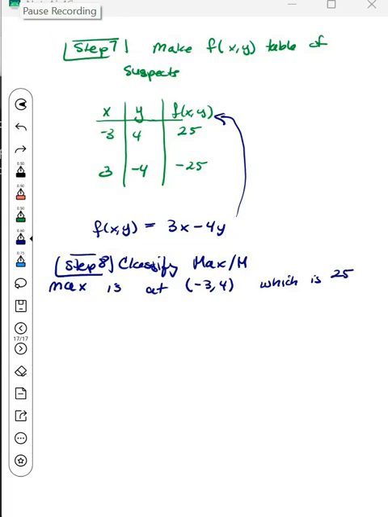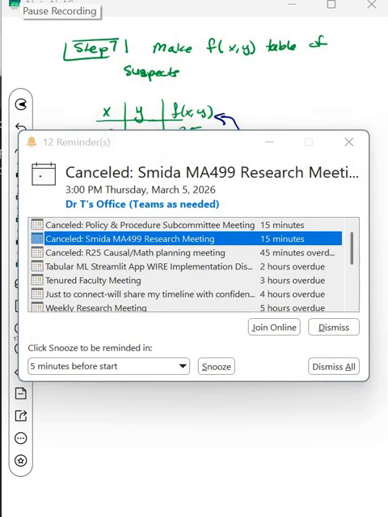Maximum height is 25. Min is at 3, minus 4, which is minus 25. And I can see that from the table. I just made it easier so that you don't have a whole bunch of them.